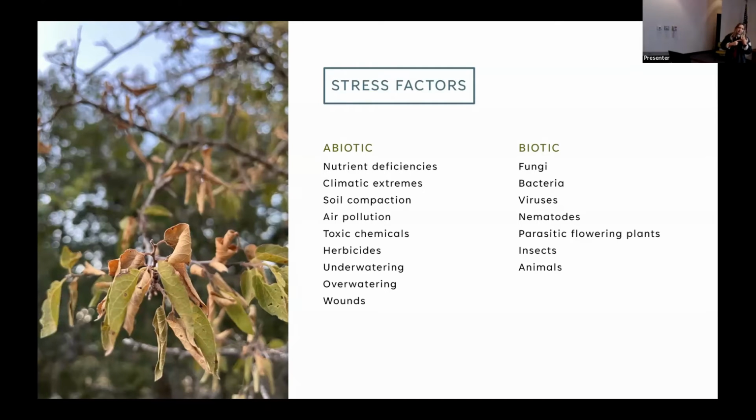Soil compaction, definitely around construction, new builds, urban environments. Air pollution, chemicals, herbicides, underwatering, overwatering, and then wounds, whether that's mechanical or due to storms. And then biotic issues, we have fungi, bacteria, viruses, parasites, insects, animals, all that kind of stuff.